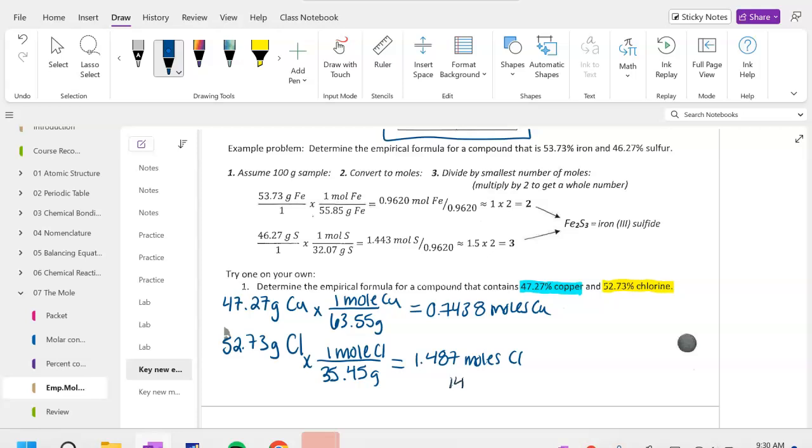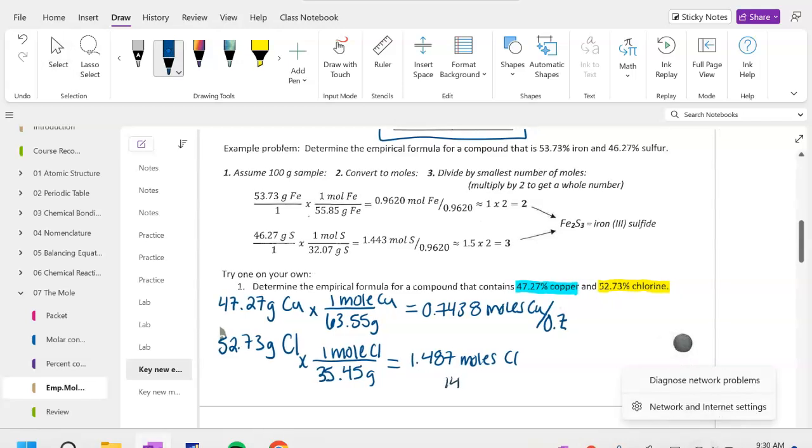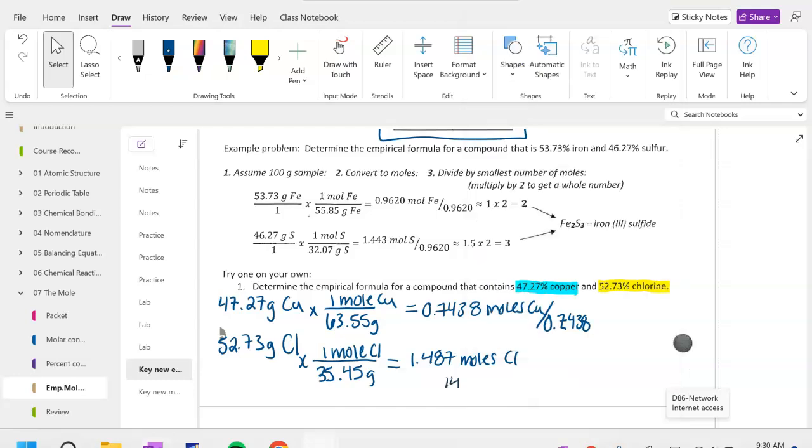Between copper and chlorine, we see that copper is the smallest amount of moles, so I'm going to divide by 0.7438 for both.